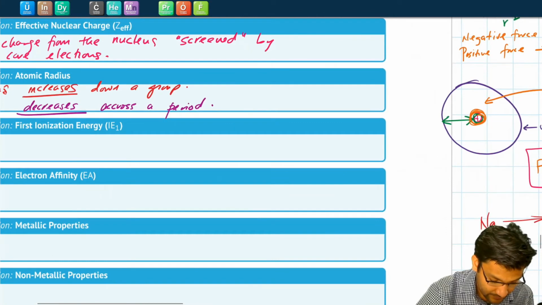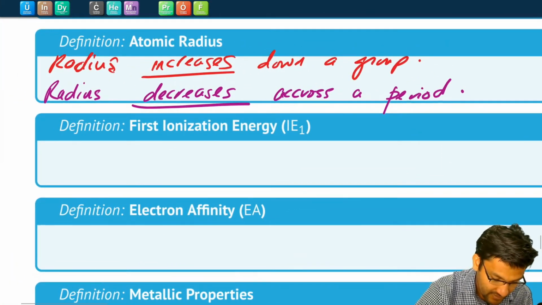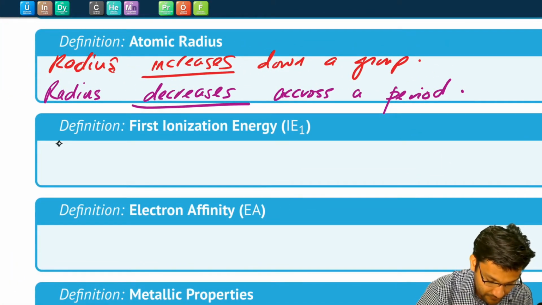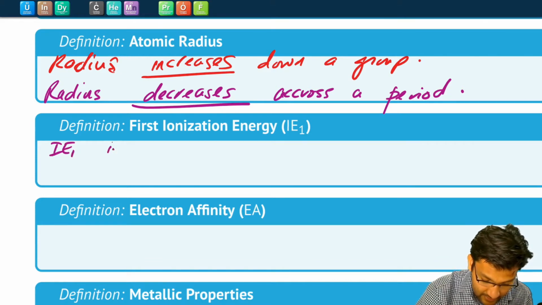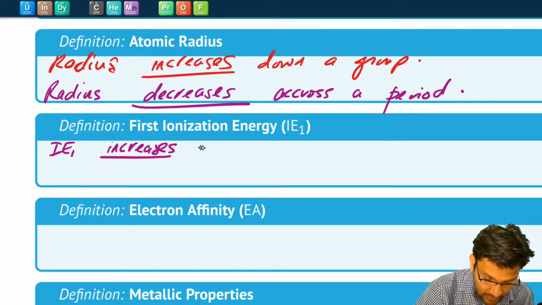So let's write that. So the first ionization energy increases across a period.